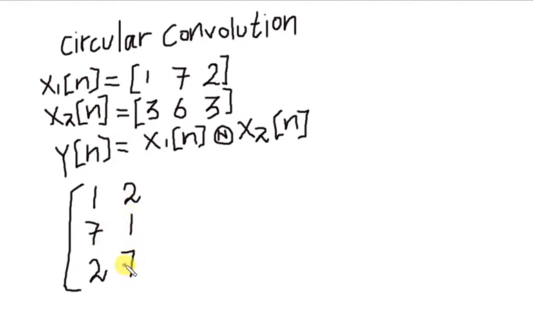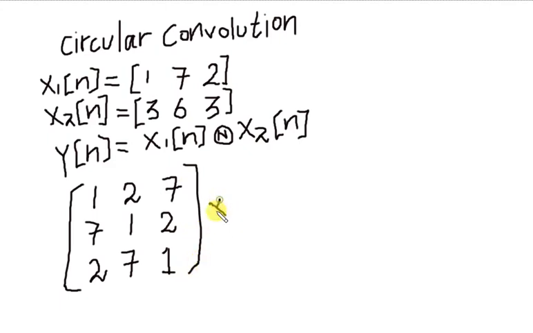So it is circularly rotated. In the next column, this 7 will come upward, this 2 will come down, and this 1 will come down. So the signal is circularly rotated.